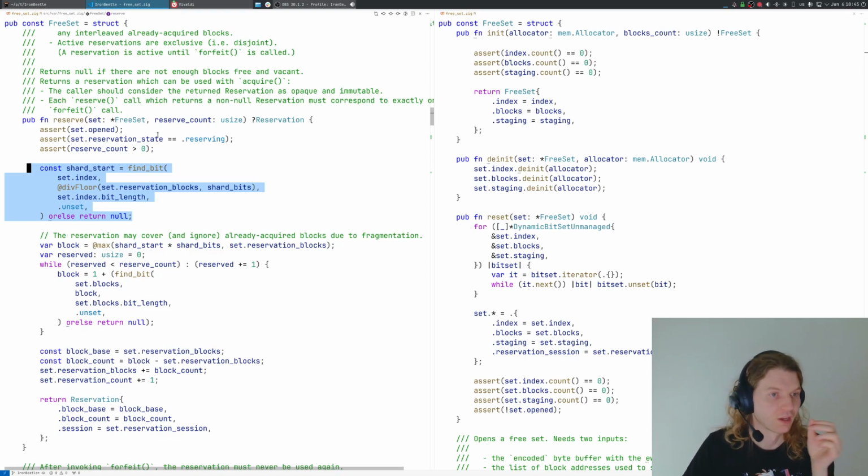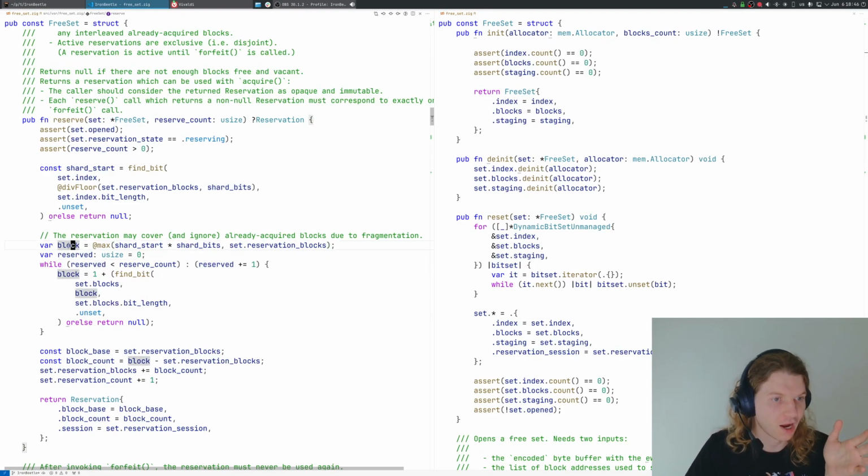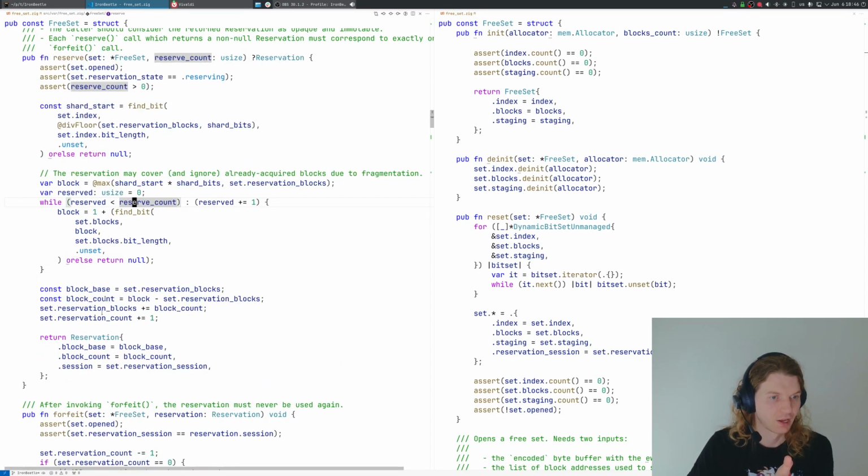So we found the first not fully full shard. Then we compute the start of a block, and then we just count this many free bits in our reserved block.